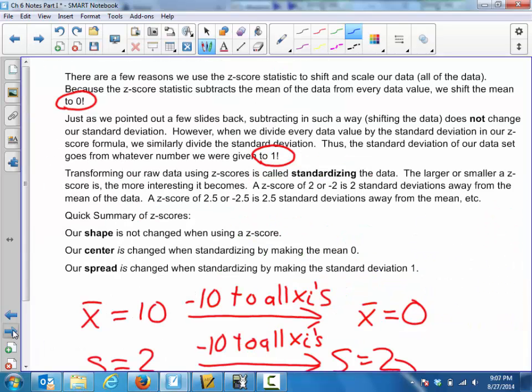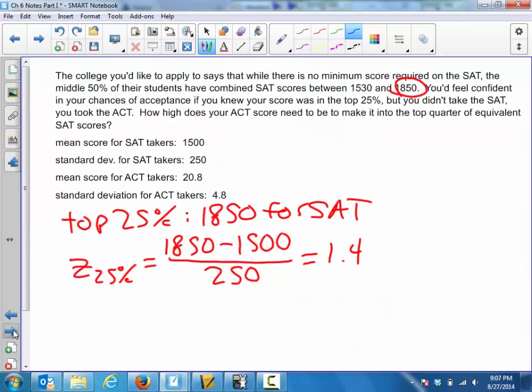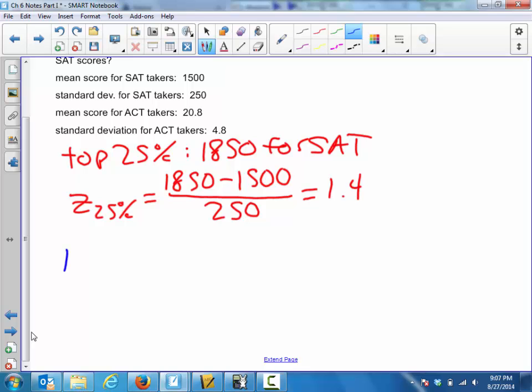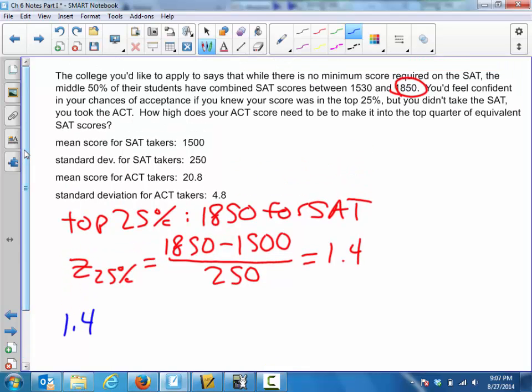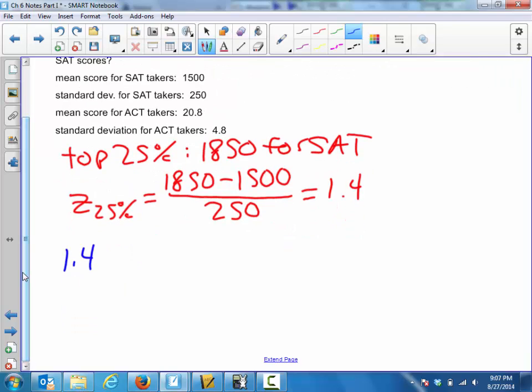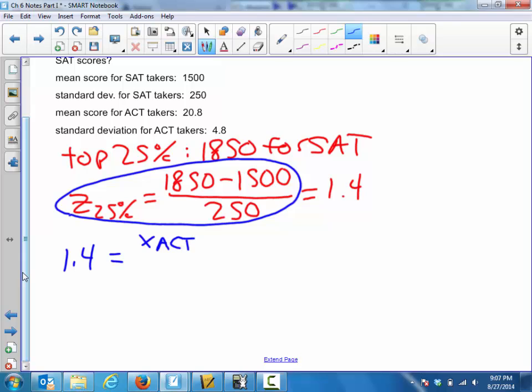So what do we do with that? Well, we want to know, just like we've done over here, we use z-scores to compare disparate events from dash to shot to long jump. Well, that z-score of 1.4 is also outstanding. That would also put you in the top 25% for ACT test takers as well. So we can say the following. We're going to use the z-score equation one more time. We used it once here, plugging in the x value we cared about, the mean and the standard deviation.